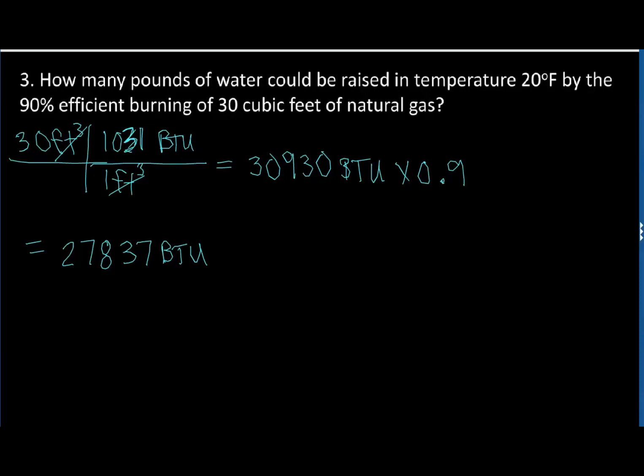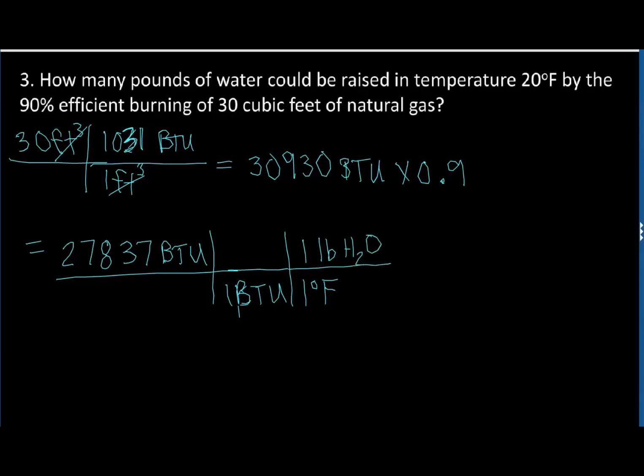Okay, so now we have this, and now we need to do our specific heat. So basically, 1 BTU is equal to 1 pound of water per degree Fahrenheit. That's the definition of BTU.